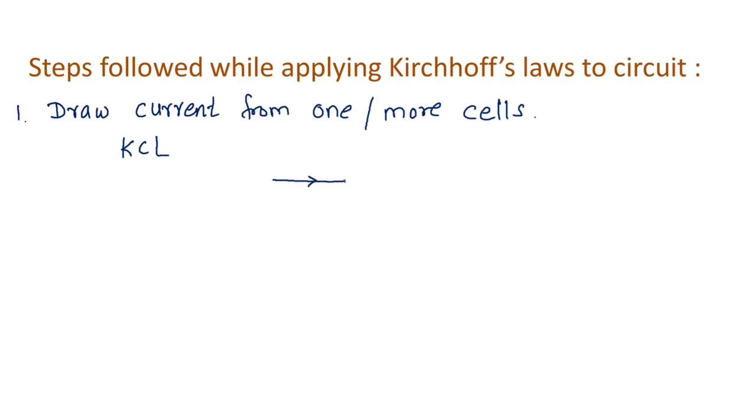The current I entering the junction, and I1, I2 currents leaving the junction. You can write I2 as I minus I1. You have to first apply Kirchhoff's current law to the circuit for the distribution of current.